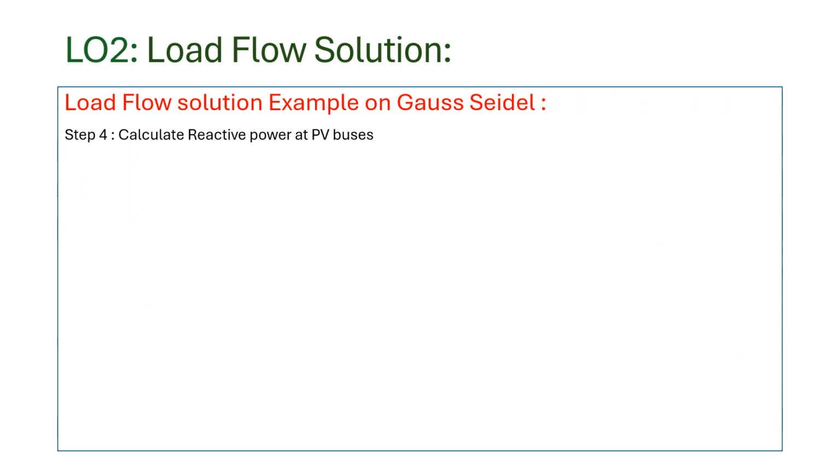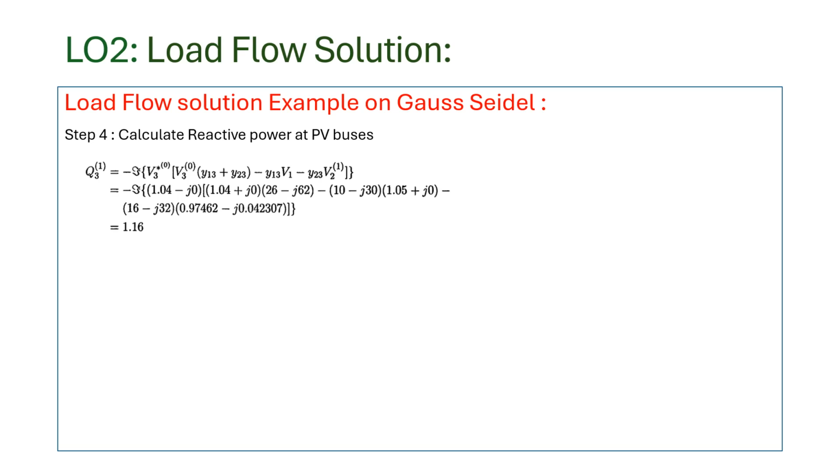Next, we calculate the reactive power at the PV bus. The third bus, we have seen, is the PV bus, so we have to calculate the reactive power. What is the equation here? We already know the power flow equation: Pi minus jQi is equal to Vi conjugate times the summation of Yik Vk, where k is equal to 1 to n.